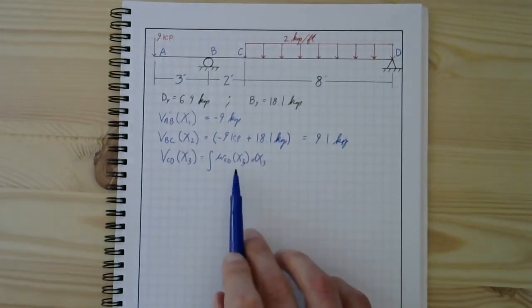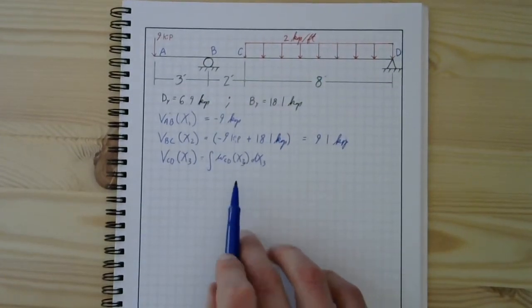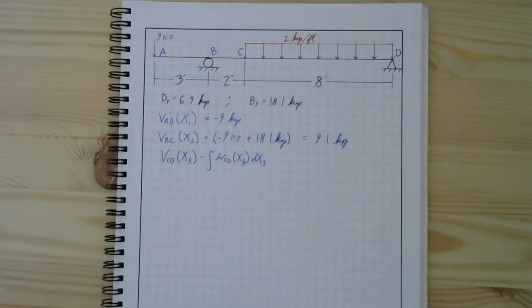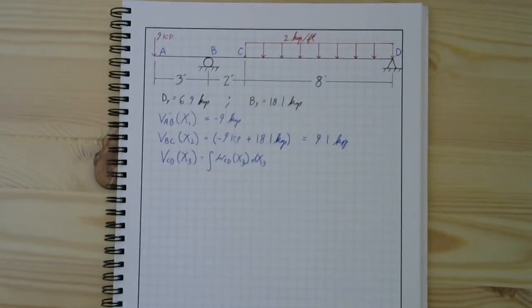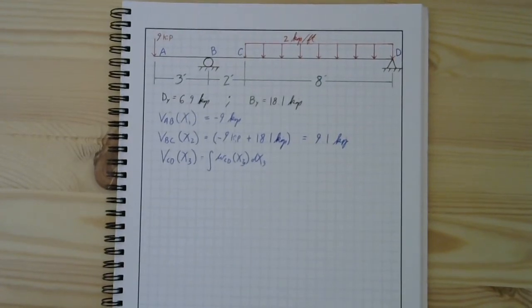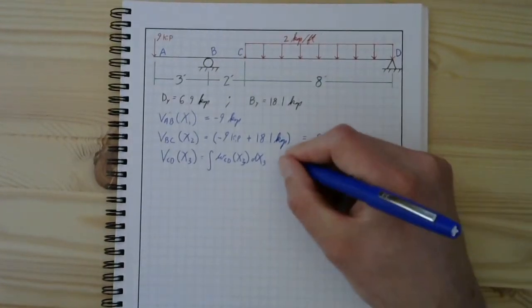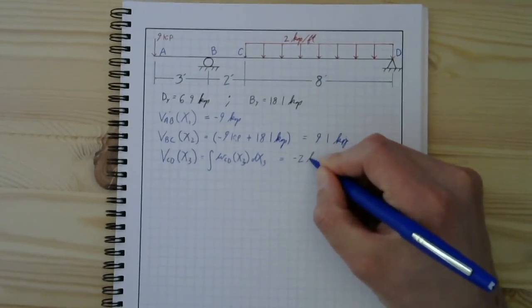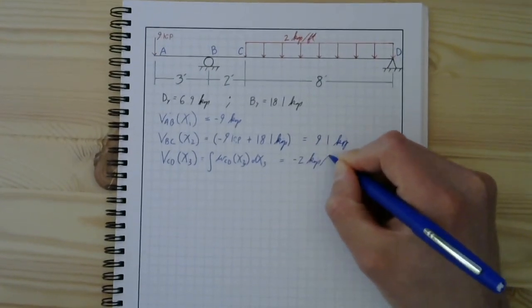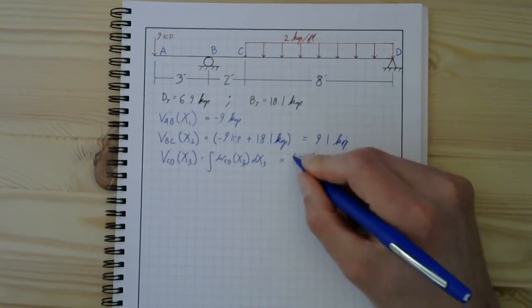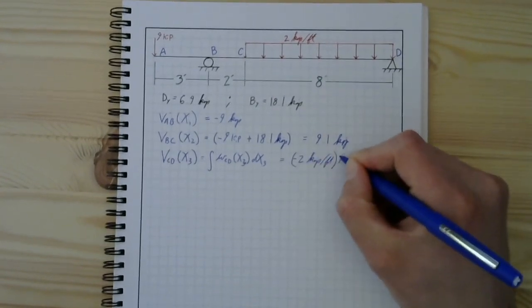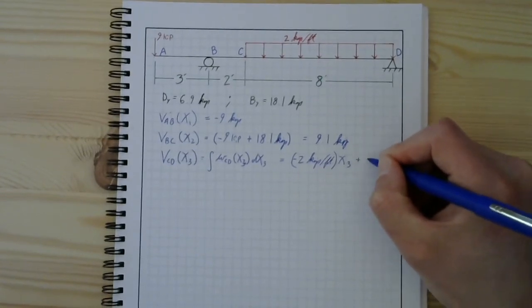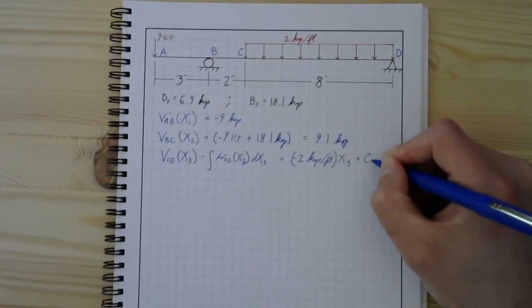When we do that, that's going to tell us that it is going to be negative 2 kip per foot times x3 plus some constant of integration, C1.